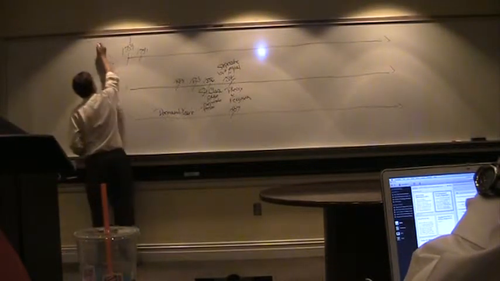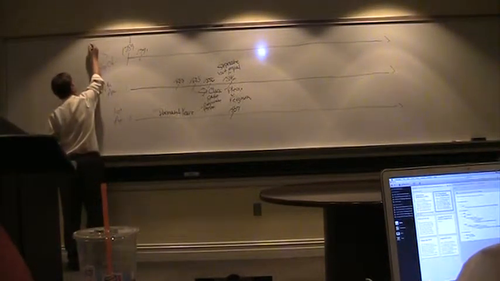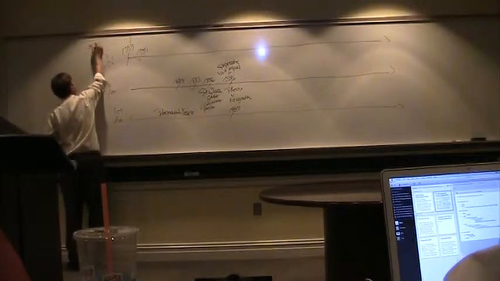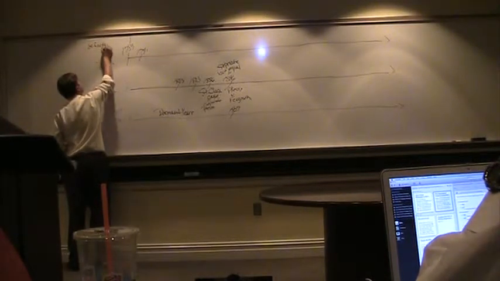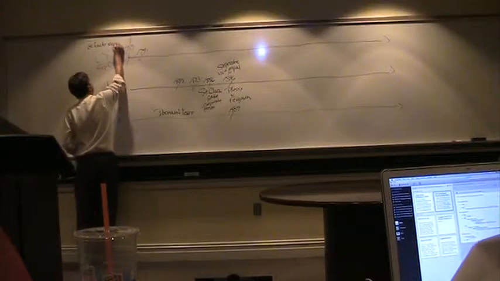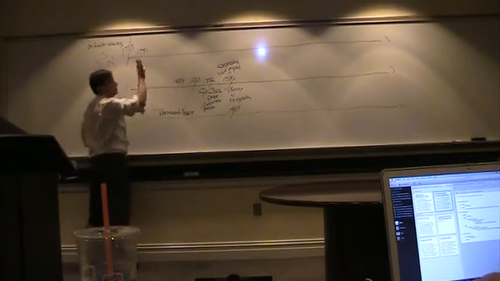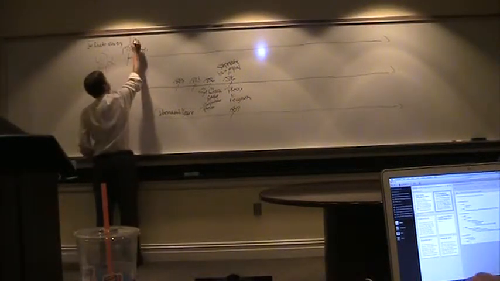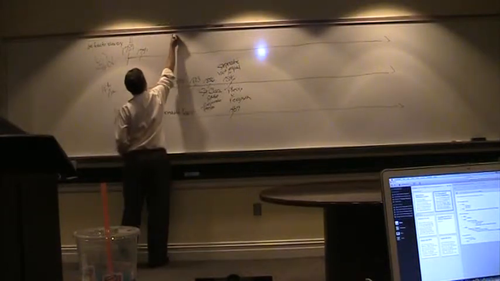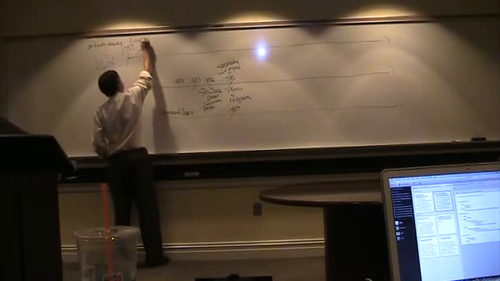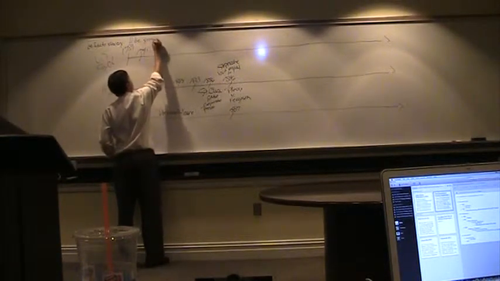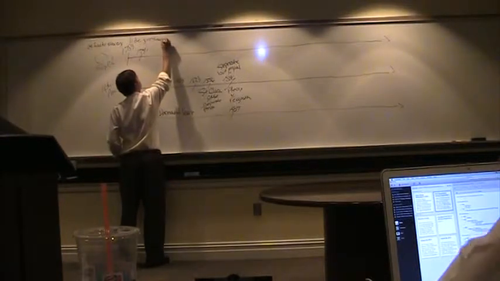And so the way we can think of it, if we do this part on the board, we had de facto slavery. And then once the Constitution is written, we have the de jure slavery era. What's the difference between de facto and de jure?